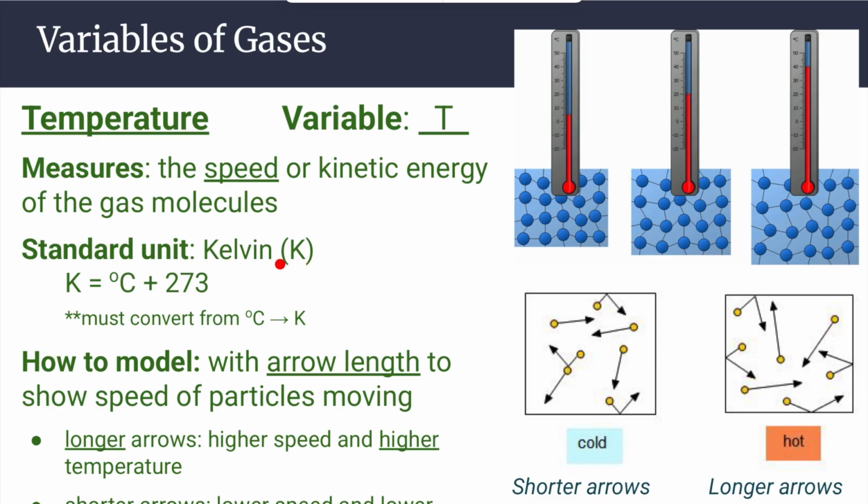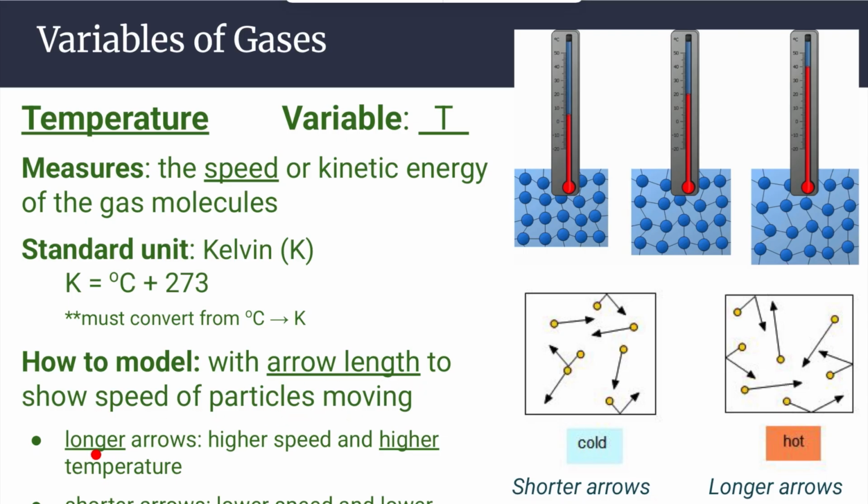And the Kelvin system of measuring temperature guarantees that we don't have any negatives that we are going to deal with. So we need to take our degrees Celsius and add 273 in order to get the Kelvin temperature. How are we going to model temperature of gas? We model it by the arrow length to show the speed of the particle.